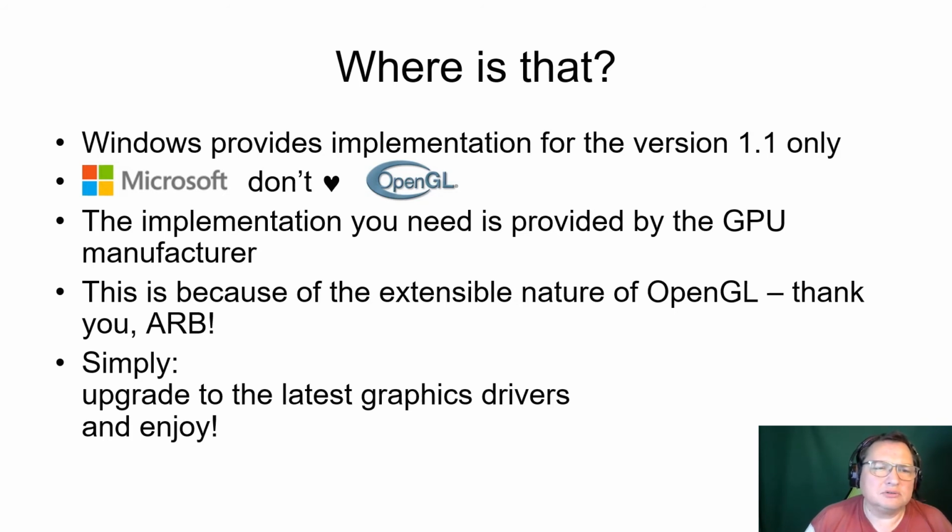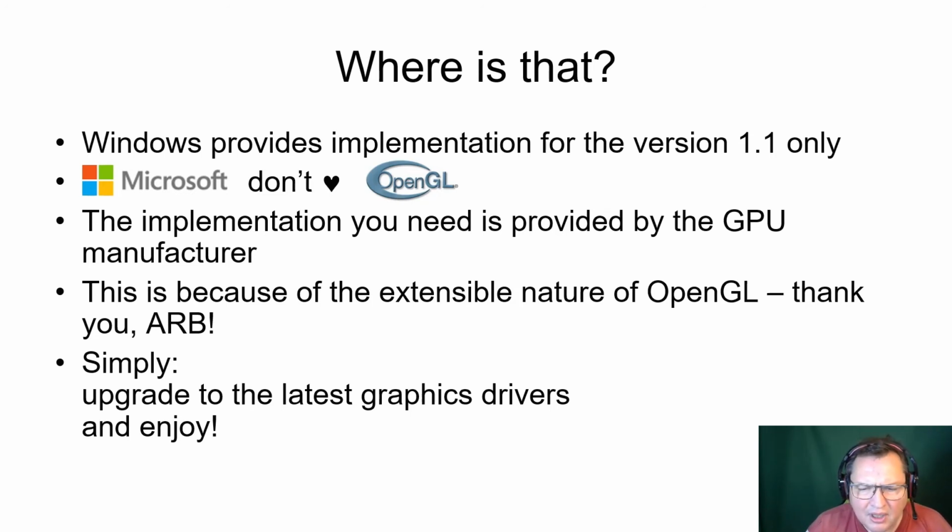So what? The implementation you need is provided by the GPU manufacturer in the form of your graphics card drivers, and this is thanks to the extensible nature of OpenGL. So, yeah, that's a very smart architecture of OpenGL.